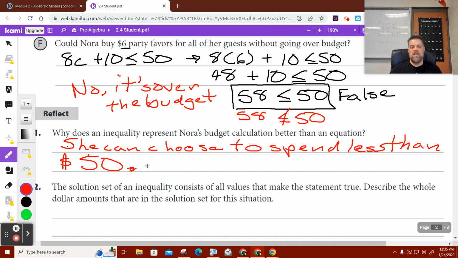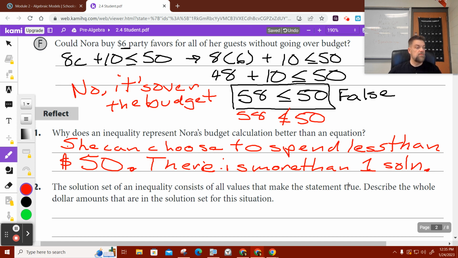In other words, there is more than one solution. Okay? There's more than one solution.